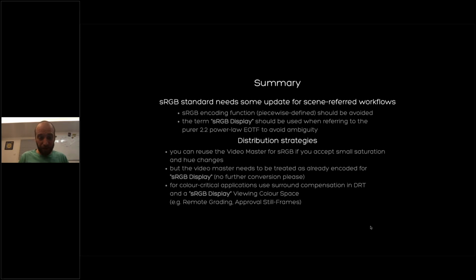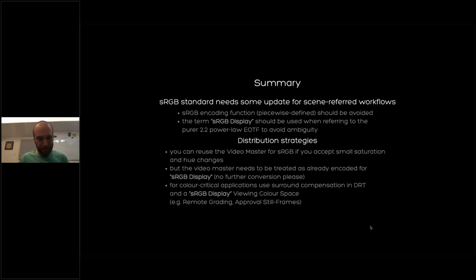And for color critical applications, like you might see in the near future in your color grading system, if you have someone connected to that system who has an sRGB display, and you can have a different stream to that than what you are viewing on your monitor, which might be possible as well, you should use the sRGB display viewing color space for that stream.